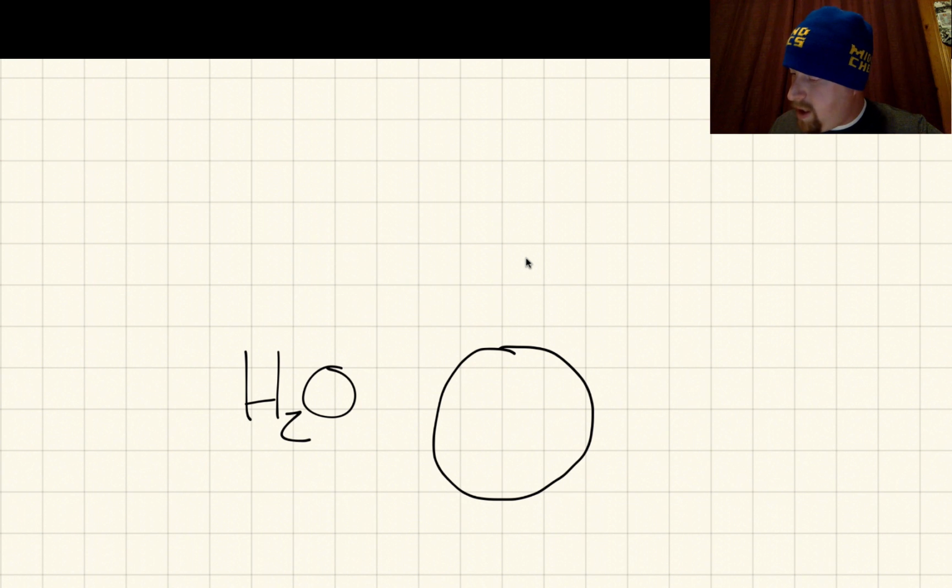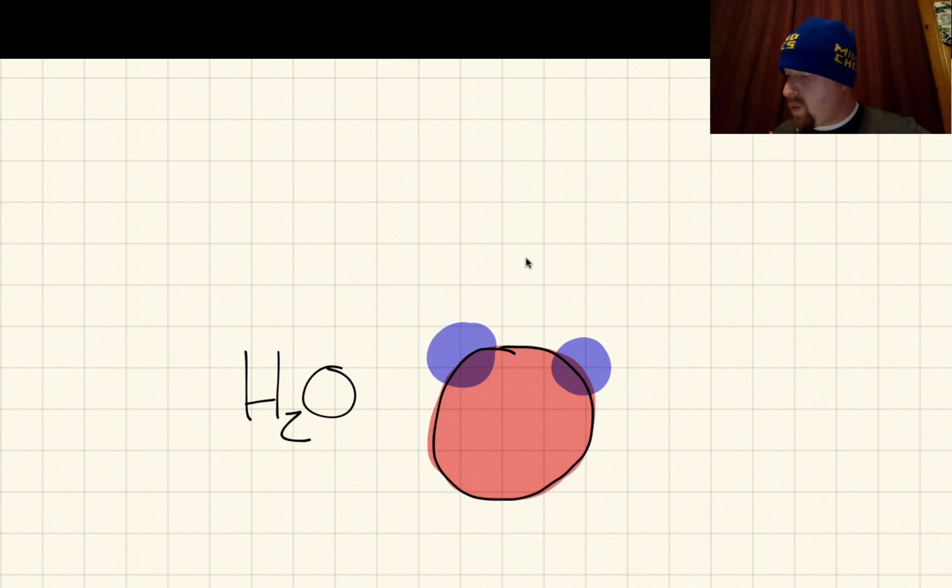So we'll just go ahead and shade it red for our purposes. So let's say that's an oxygen atom. And attached to that oxygen atom, oftentimes are two hydrogens. So that is where the H2O comes from. Two hydrogens and one oxygen. 3 total atoms.